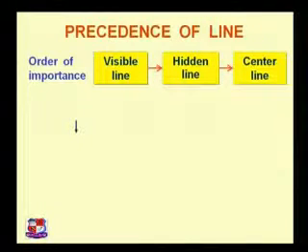Whenever all these three lines coincide at one place, visible lines should be given prior importance. Means if three lines are there, we have to draw the visible line only. If two lines are there, that is, a hidden line and a center line coincide at one place, we should draw the hidden line only. And last importance should be given to the center line.